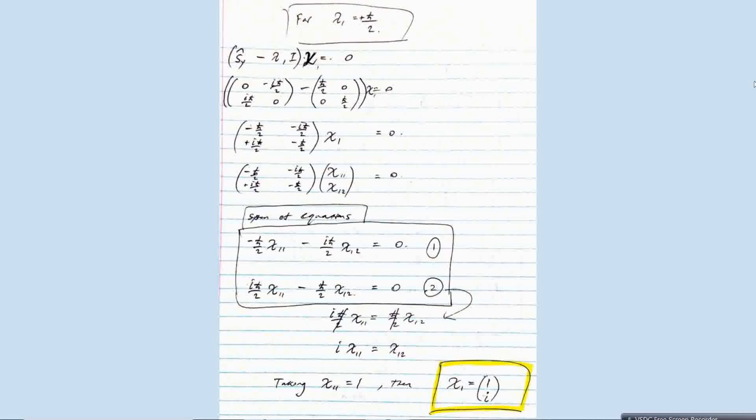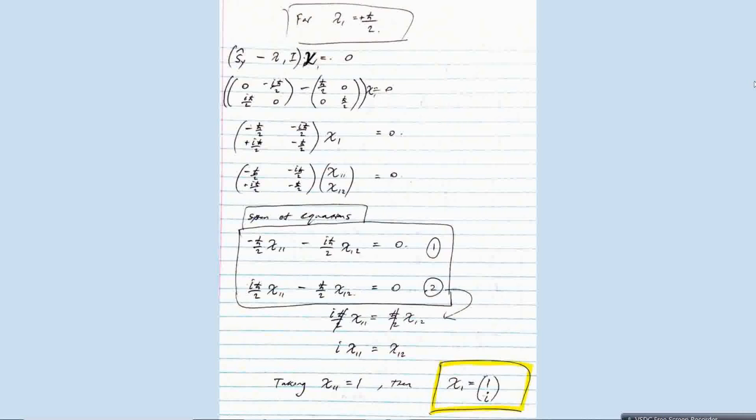We follow through with the computation and end up with a system of equations. If we designate chi 1,1 to be 1, then we get chi 1, the first eigenvector, as (1, i).